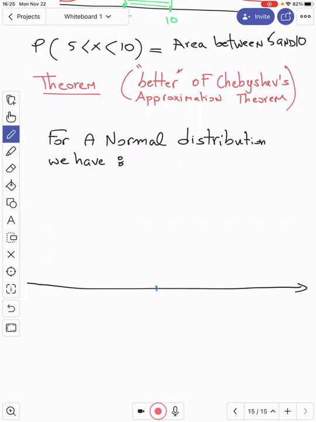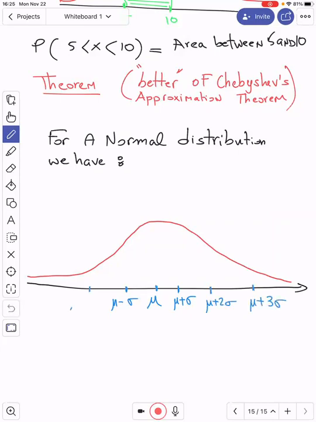Let's say this is the mean, then this is mu plus sigma, this is mu minus sigma, this is mu plus 2 sigma, mu plus 3 sigma, and this is mu minus 2 sigma, mu minus 3 sigma.